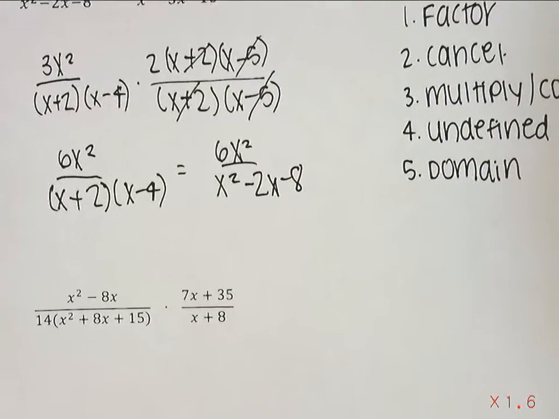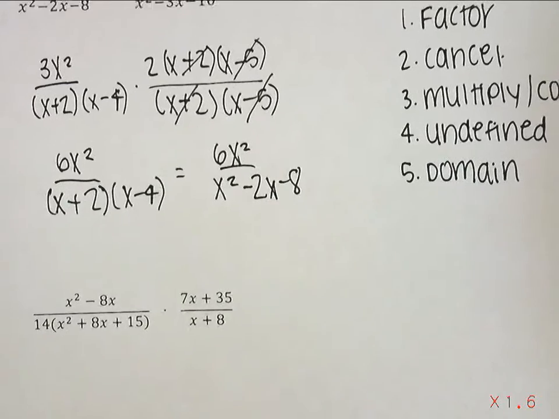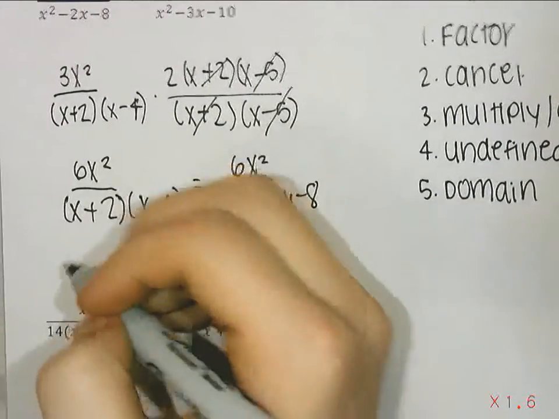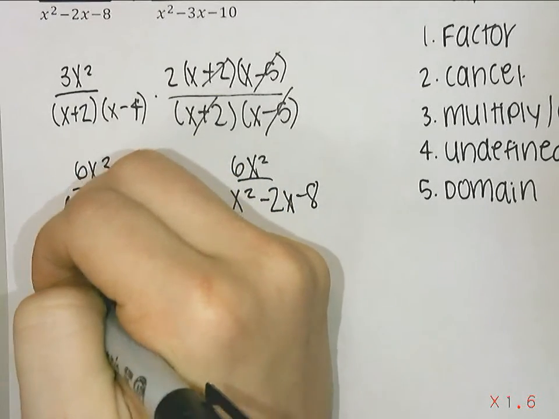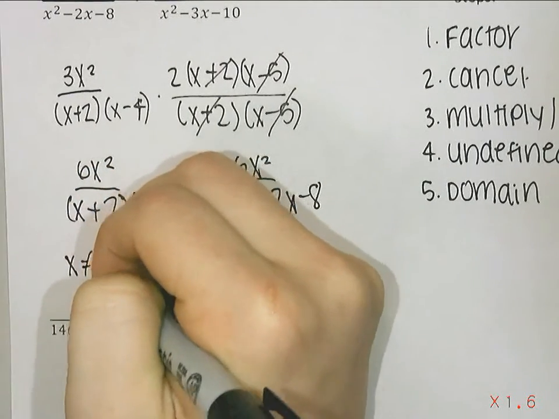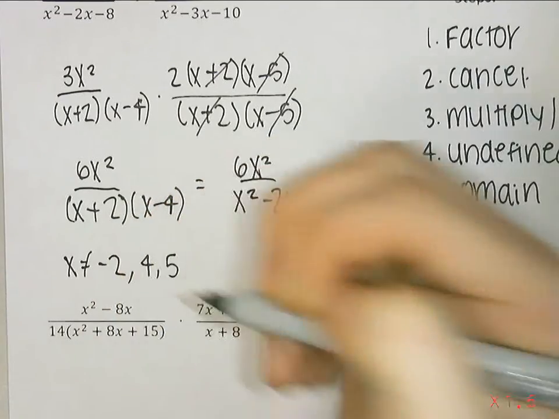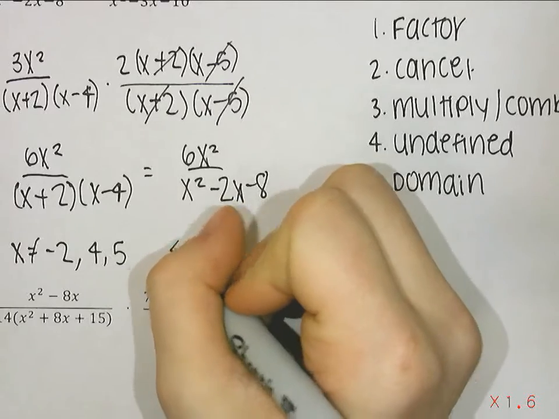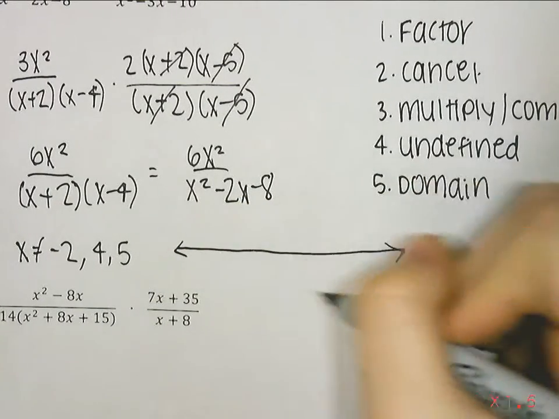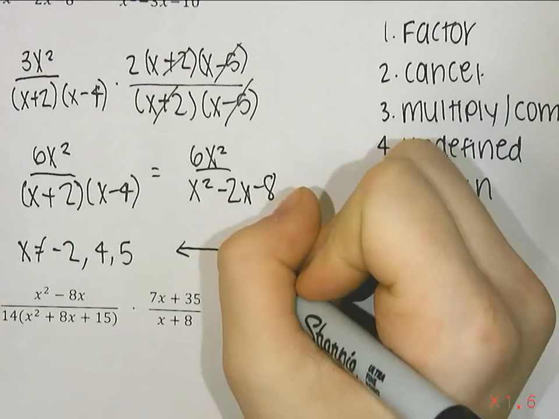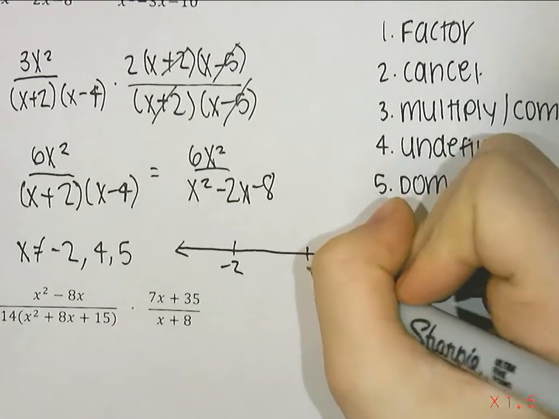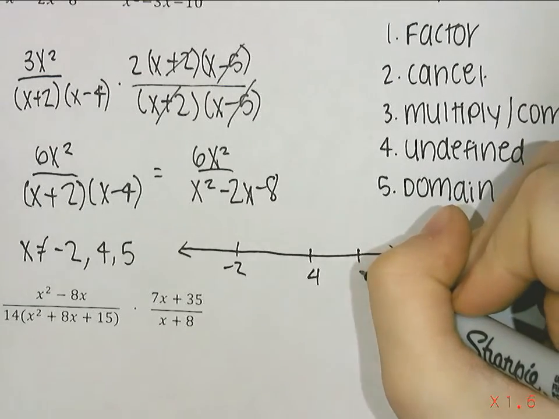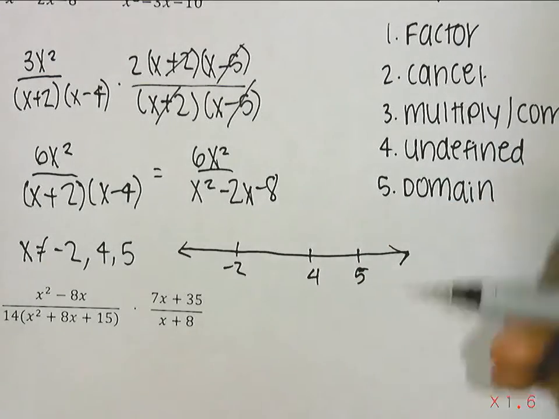And then step four is to find the undefined terms. So you look up here and you set these to 0. So x is not equal to -2, 4, and 5. And then lastly, you'll find your domain. For this, you don't have to do this, but it helps. So -2, 4, and 5, those are your undefined terms.